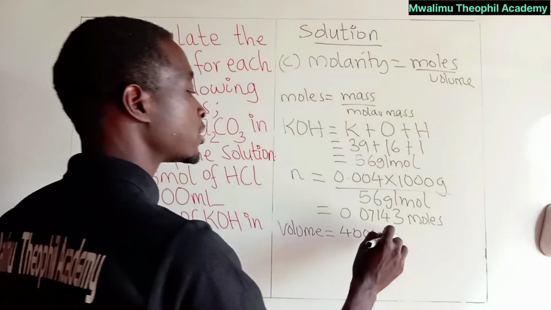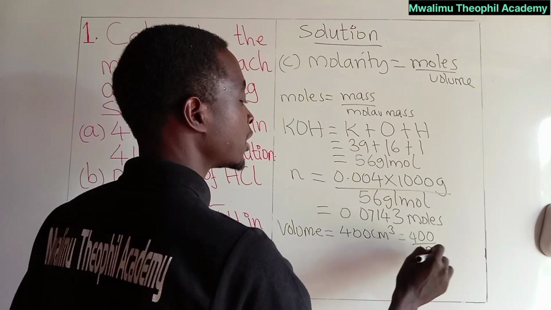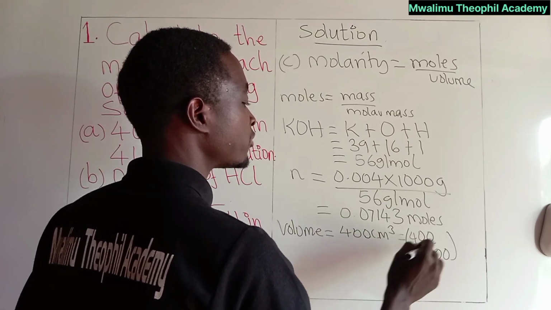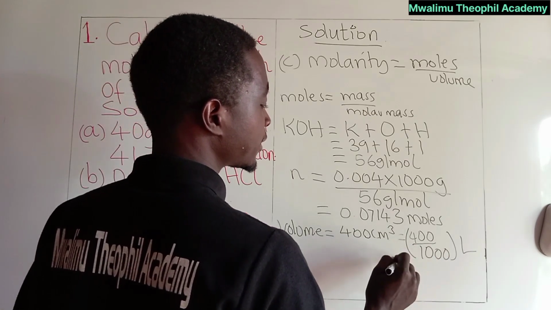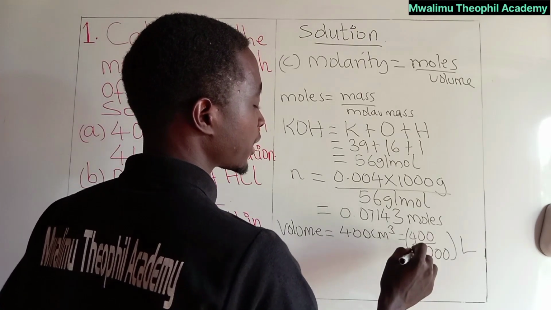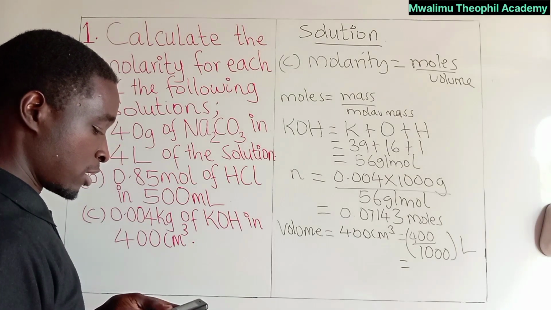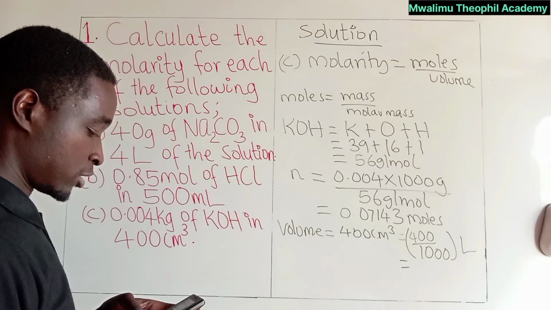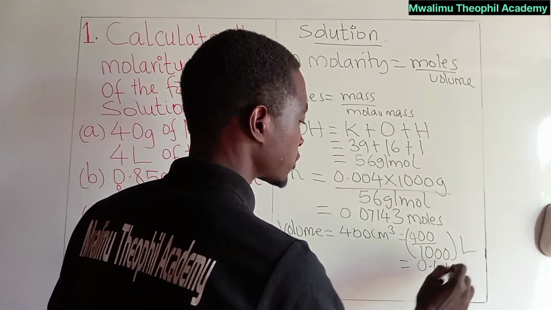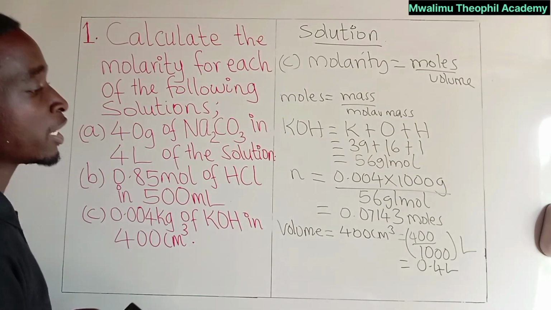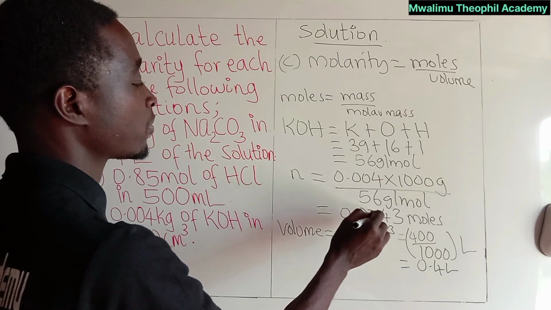Now this is equal to 400 over 1000, and the obtained value will be in liters. When you take 400 over 1000, what you get is 0.4 liters. So we have the volume 0.4 liters, and we have obtained already the number of moles, which is 0.07143 moles.